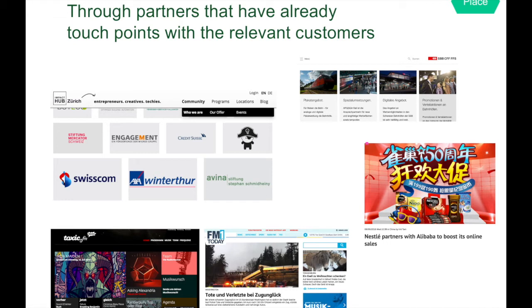Of course, the Impact Hub gets some money from the banks and the insurances to do that, but for the banks and the insurance, it's very interesting to partner with the Impact Hub that has these touch points to the potential new customers and new clients.